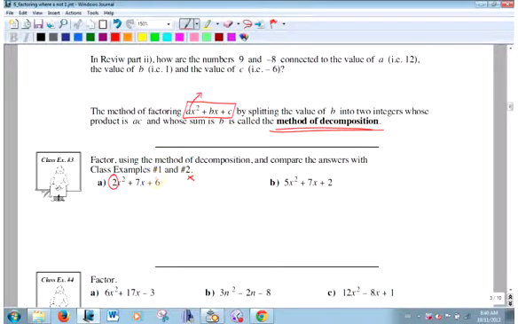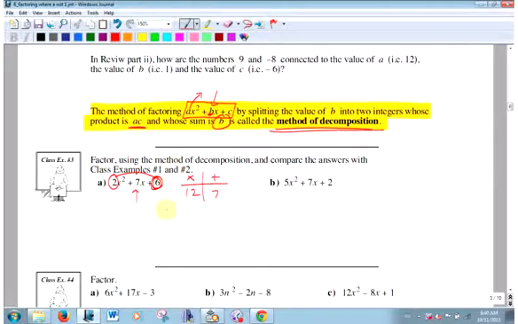Again, what multiplies to A times C? Maybe we want to highlight that. Okay, so I'm not just going to go what multiplies to 6. I'm going to go what multiplies to 6 times 2. That's 12. And what adds to the same middle term? Call it B if you want. There's B, right?